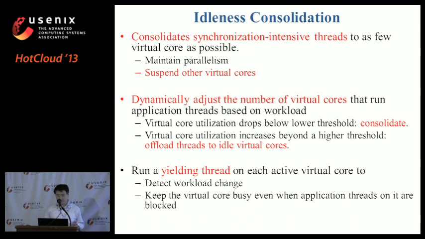At the same time, the yielding thread keeps the virtual core busy even when the application threads on the virtual core are blocked. A yielding thread is a thread with the lowest possible priority, and keeps calling a scheduler yield system call. So it will not block the execution of application threads.